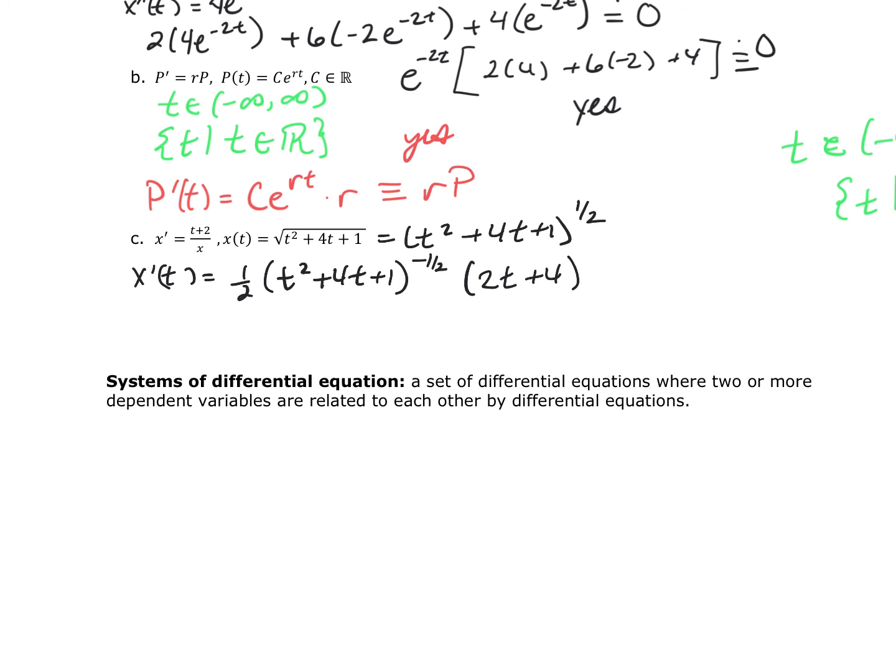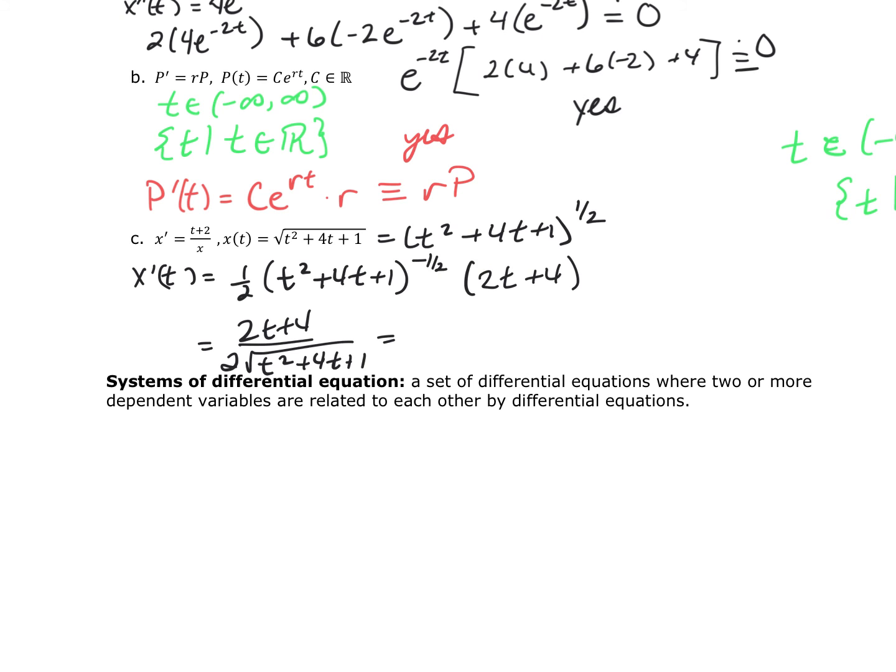It's the derivative of the inner function. And so we know that this is going to be 2t plus 4 over 2 the square root of t squared plus 4t plus 1. And that's because it is raised to the negative 1/2, so that brings it back down into the denominator.